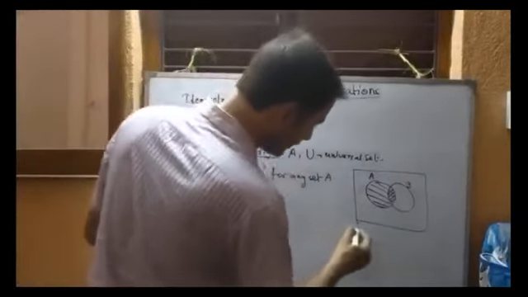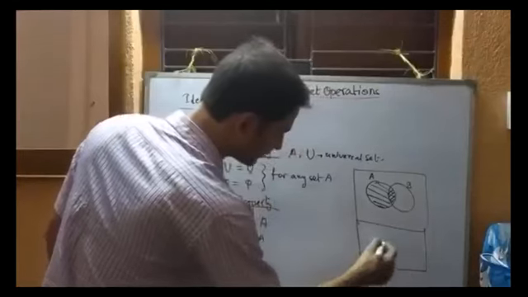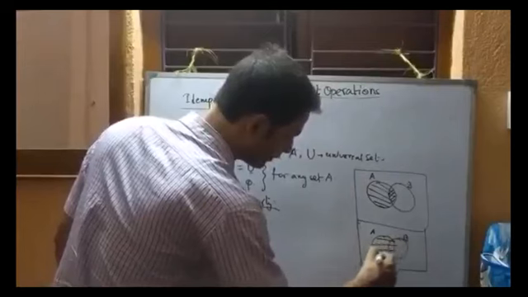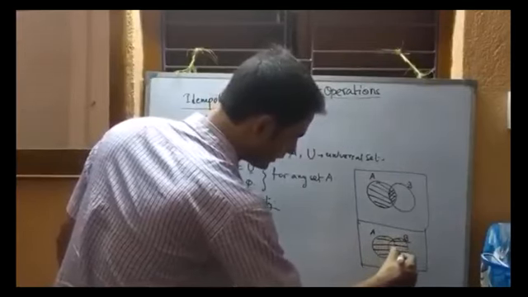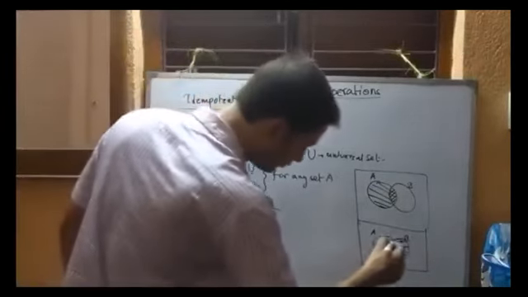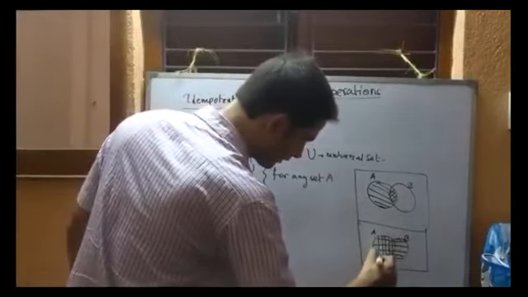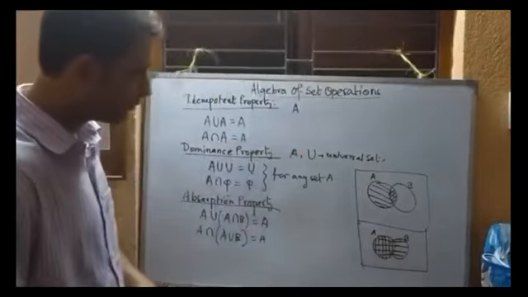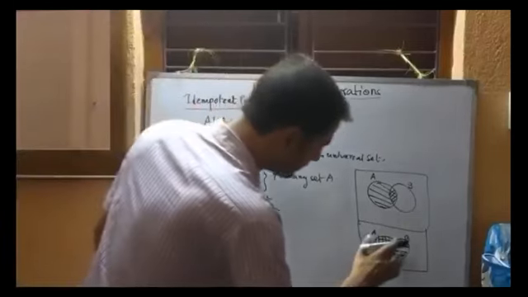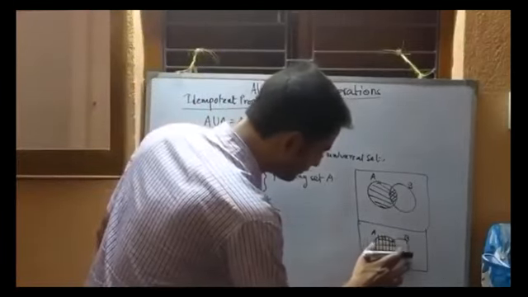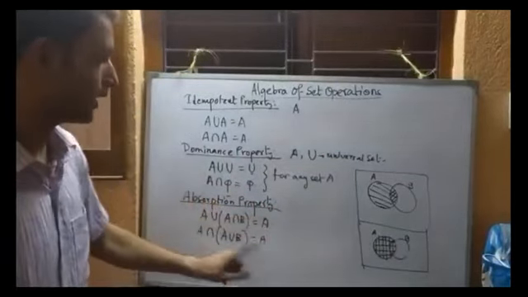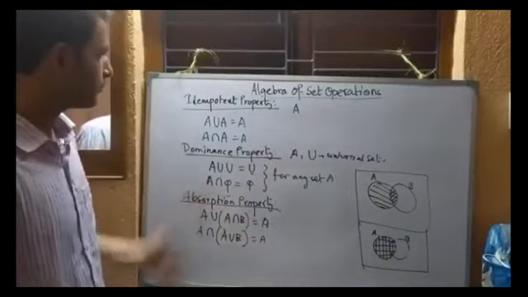So if you draw the Venn diagram here, this is A, this is B, and this part is A union B, and you are taking the intersection with A. If you shade A, now you only consider the doubly shaded region, and you will see it will be only this. See, the only shaded region is A, so this will be A. So that's how these three properties come.